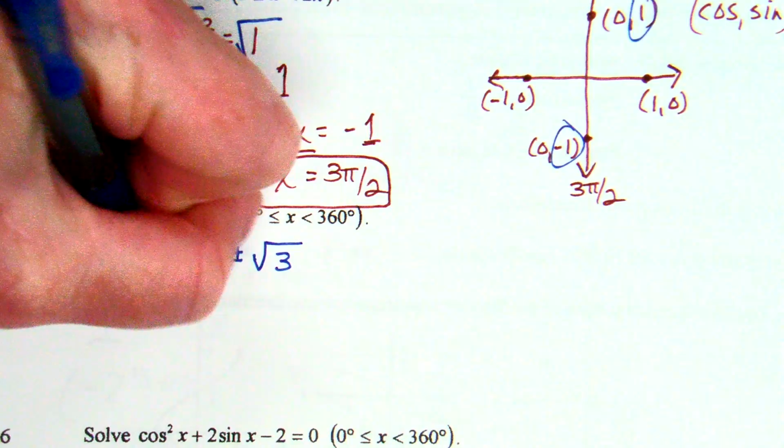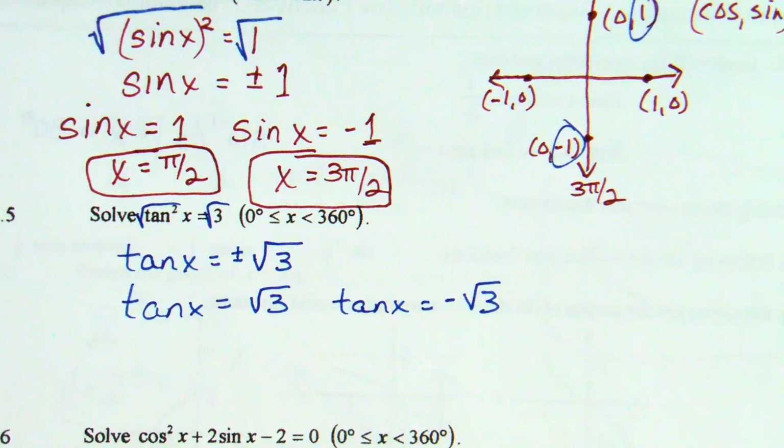Okay. Thoughts? I heard pi over 3, and I heard we're going to have 4 answers. Because tangent x equals square root of 3 is going to be the two positive tangent quadrants.